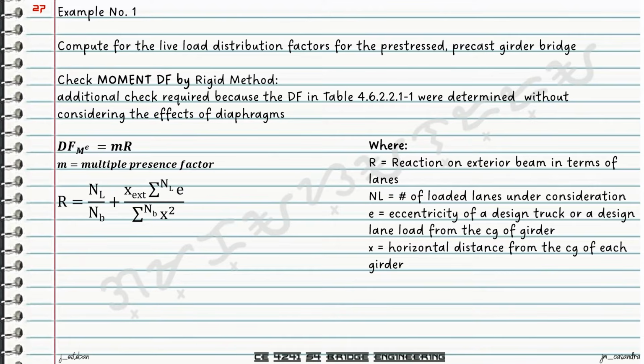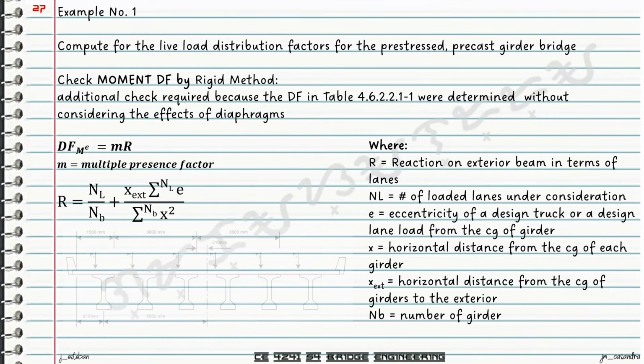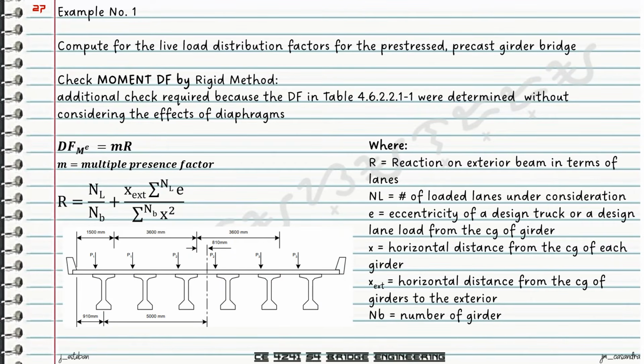Then x is the horizontal distance from the center of gravity of each girder. X exterior is the horizontal distance from the center of gravity of each girder to the exterior girder. And N sub B is the number of beams or number of girders in our bridge. So for this problem, we'll have now the following diagram to follow in your computation by rigid method.